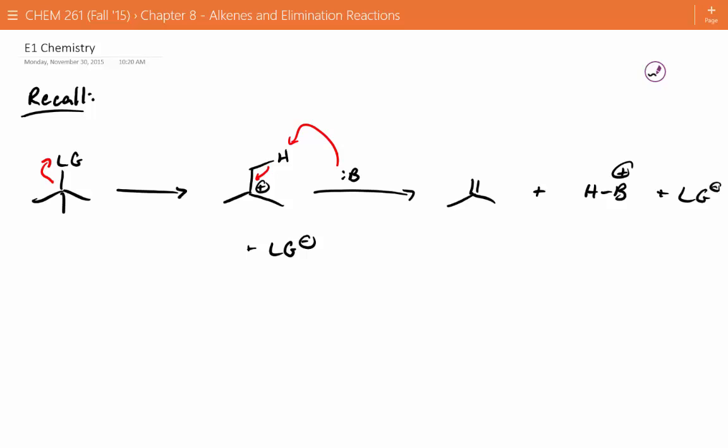Just to be thorough. All right, what do we know about the leaving group for these reactions, for E1 or SN1? Yeah, we must have a good leaving group. Second thing was we must be able to form a relatively stable carbocation.